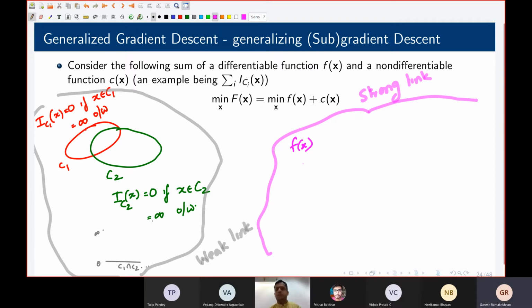So what did gradient descent do? What does it do?